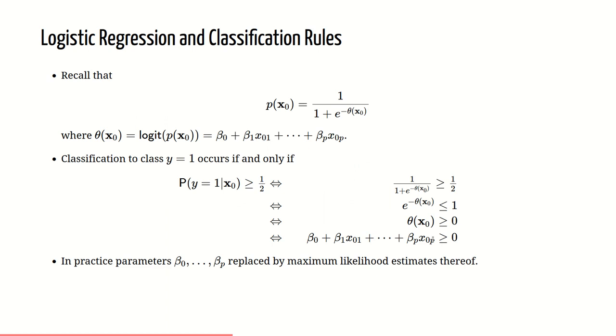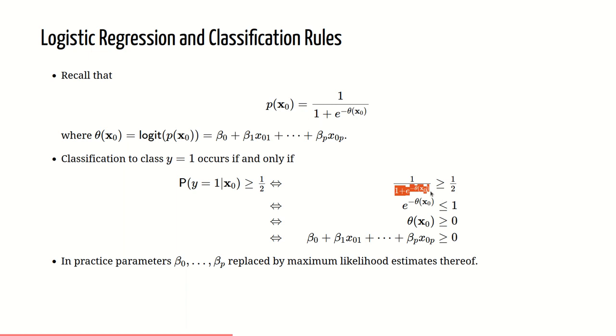So recall that our probability is that logistic equation, where theta is the logit of p. And so if the probability here is more than a half, then the only way that can be more than a half is if the denominator here is less than 2, right? Because 1 over something smaller than 2 is bigger than 1 over 2.